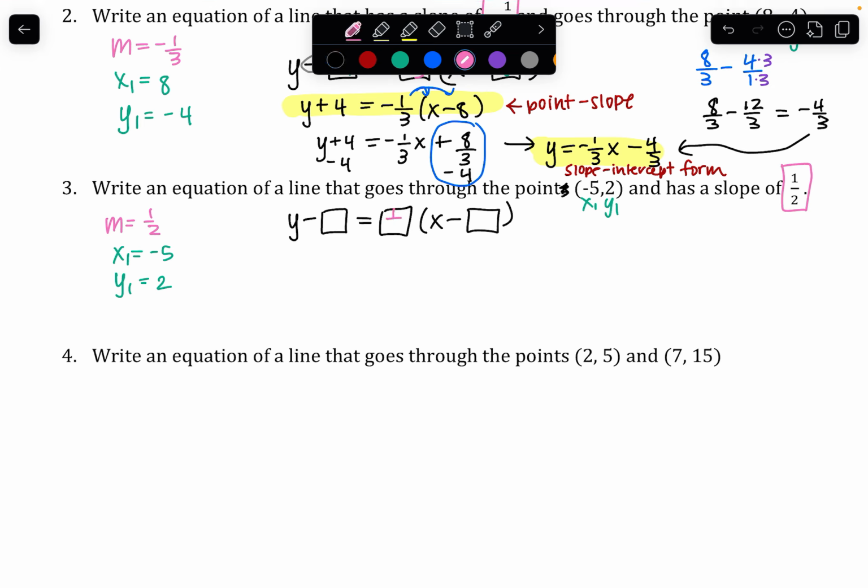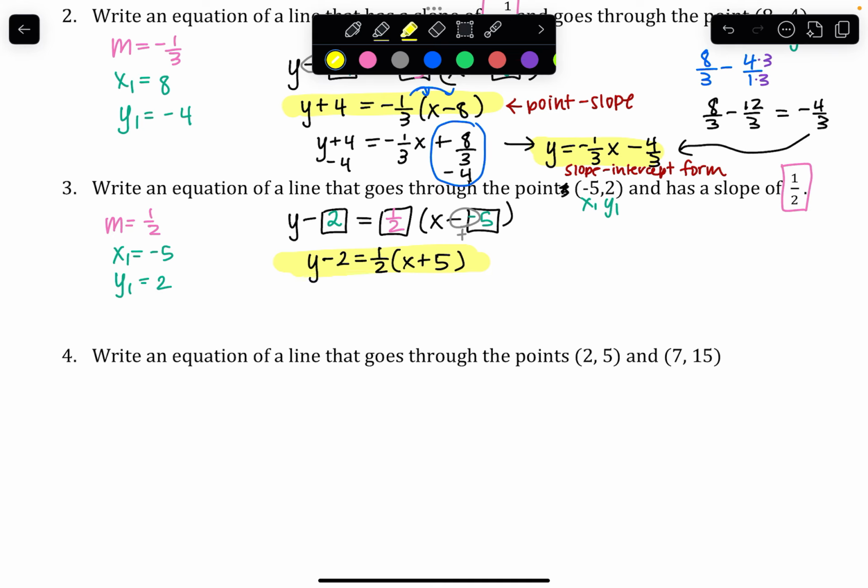So our slope goes in front of x, our x-coordinate goes with the x, our y-coordinate goes with the y. And so we need to simplify by changing our minus negative to a plus. And so our final answer for point-slope form would have an x plus 5.